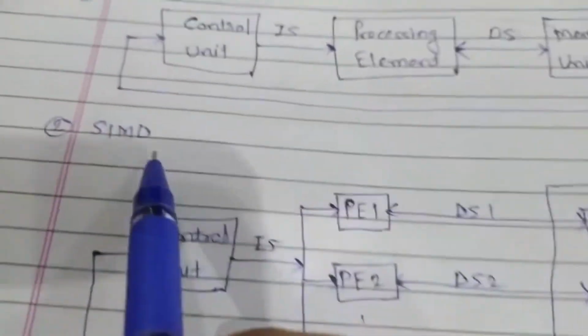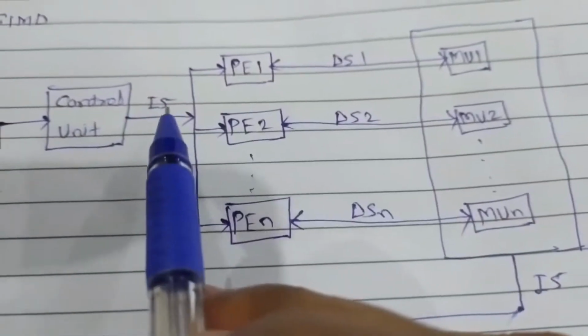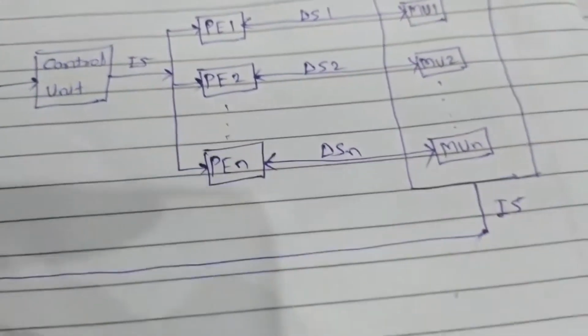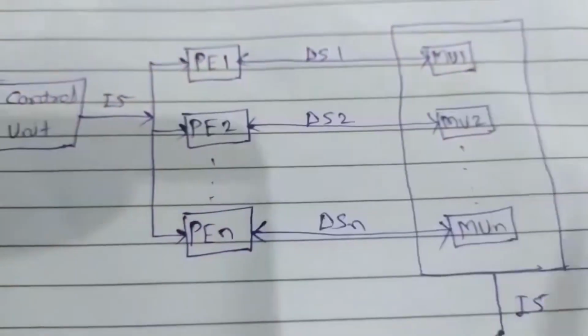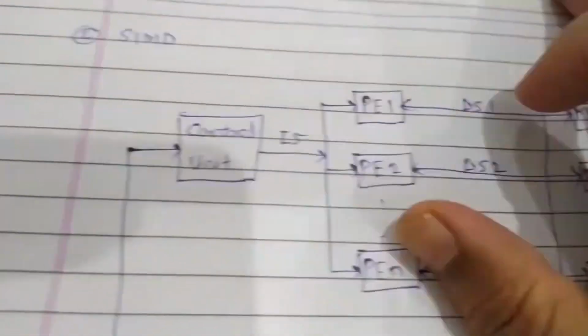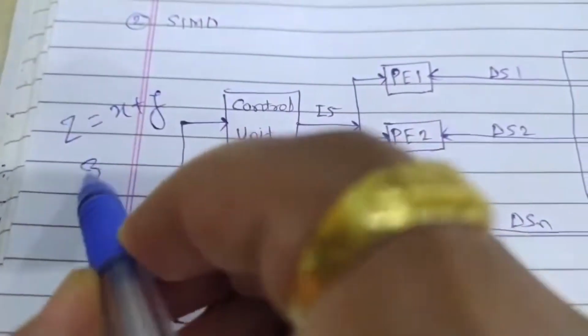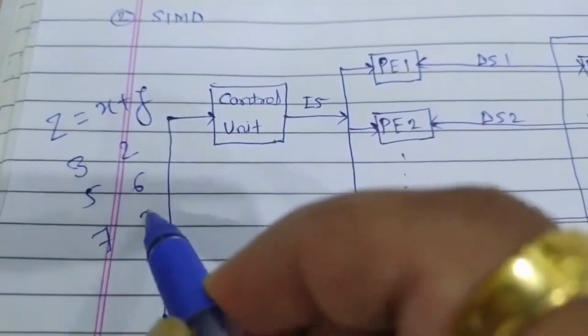Now the second one is single instruction, multiple data. The single instruction will be taken by the control unit from the memory. Now here there are multiple data. For example, we have z is equal to x plus y, that is a single instruction, but you can do it for 3 and 2, 5 and 6, 7 and 3, like that.